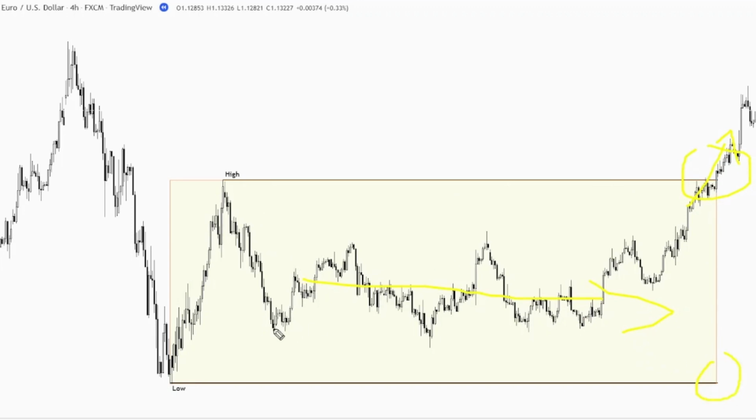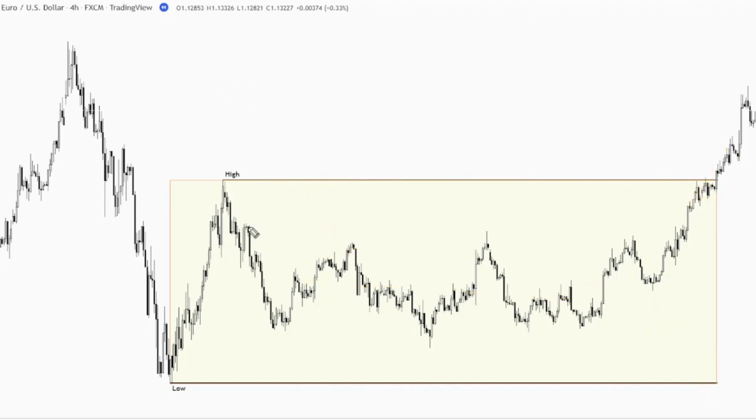Now in a range, we do not mark higher highs or higher lows, since the market does not continue creating highs which are higher than previous highs, like we saw on an uptrend or a bullish structure, or lows or highs that are lower than the previous ones, like we saw on a bearish market structure. In this case, the market does not do that.